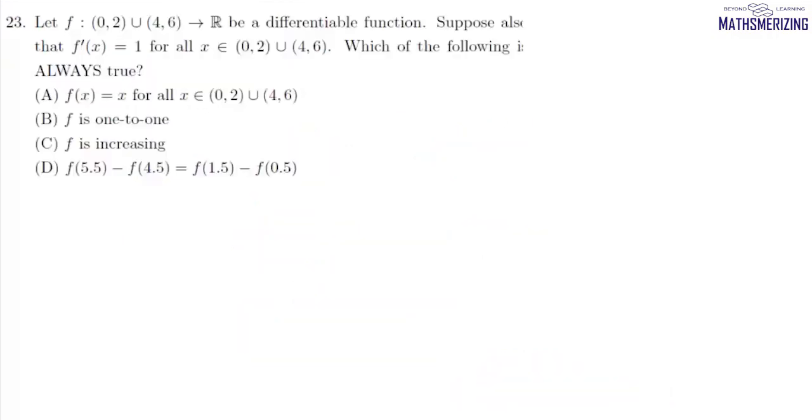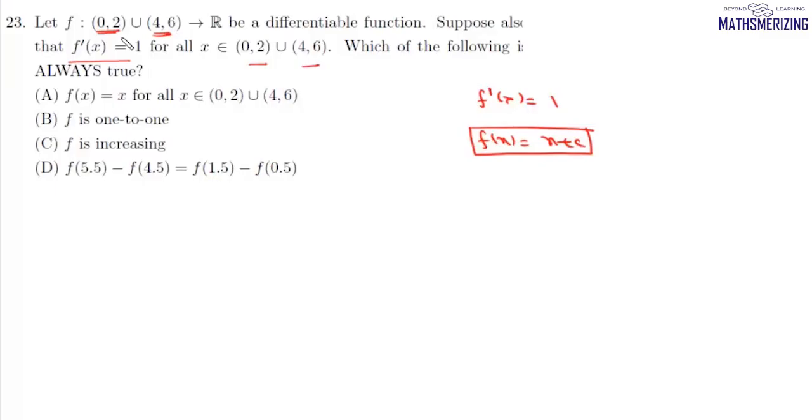Let f be a differentiable function, and suppose also that f'(x) equals 1 for all x belonging to [0, 2] and [4, 6]. Which of the following is always true? Now we are given that f'(x) equals 1. If we integrate this function, we get f(x) equals x plus c, which is a straight line. But in this case, we are given two disconnected sets.